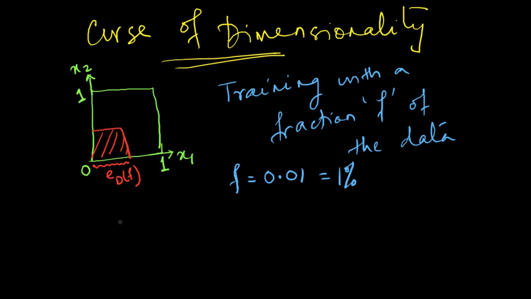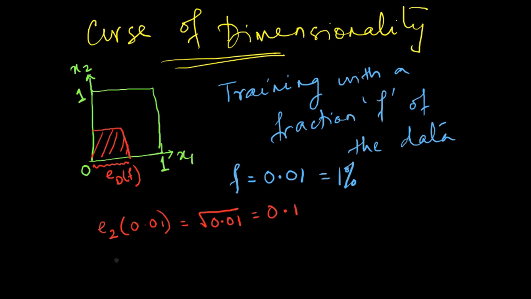So now if your dimension is 2, meaning E2 of 0.01, what will that be? That will just be the square root of 0.01, which is equal to 0.1.